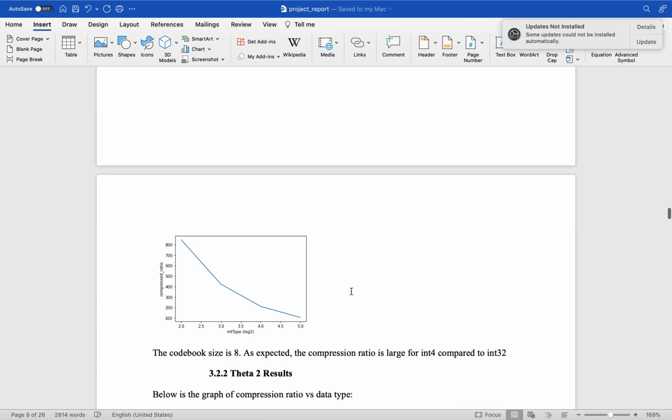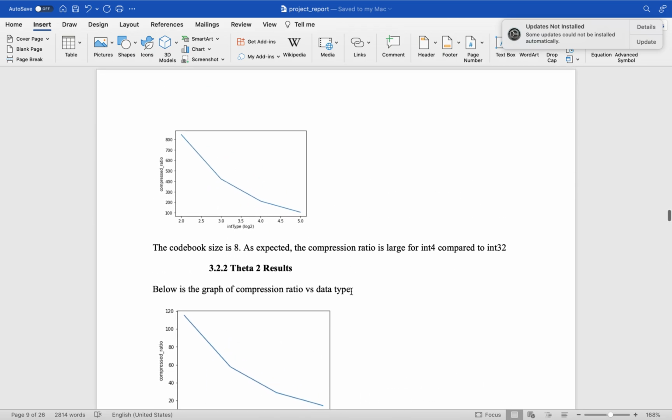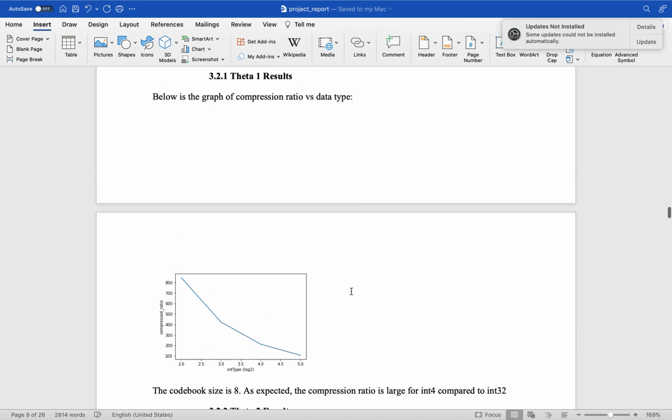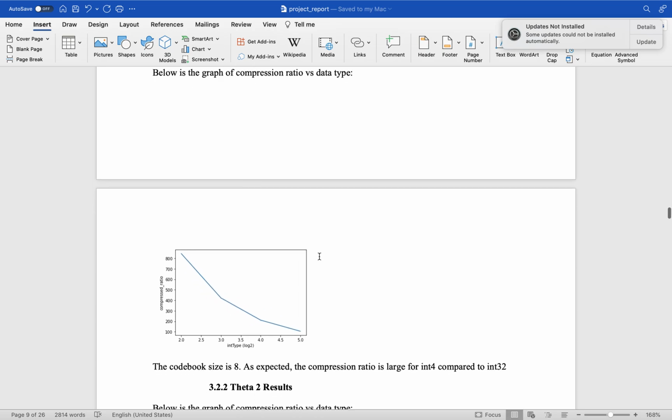Regarding the compression ratio, theta 1 has a huge dimension with 25 times 401 entries, so the compression ratio is quite big for theta 1. If we implement the int types 4 and 8, you have the benefit of a high compression ratio.